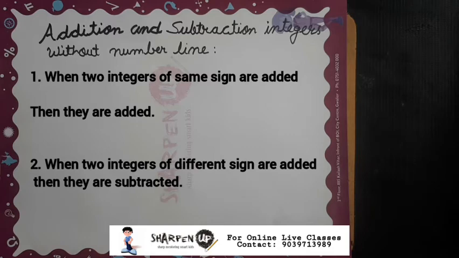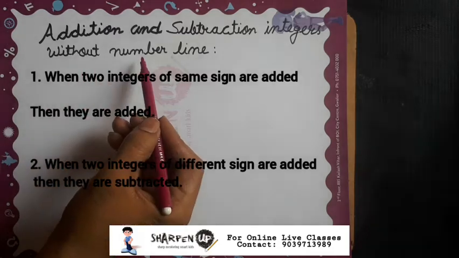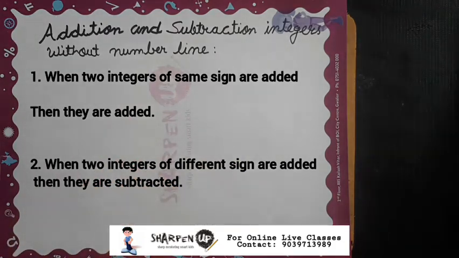Addition and subtraction of integers without the number line. For this we have to remember two rules. One: whenever we add two integers of the same sign, they are added, no matter whether they are negative or positive.